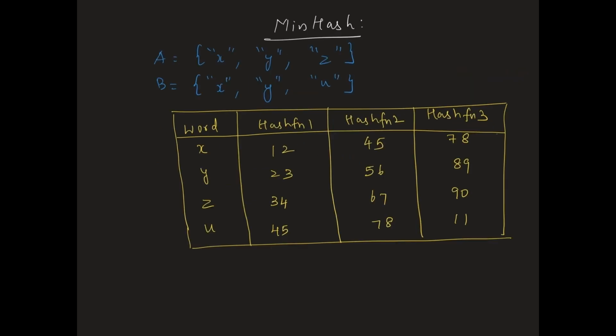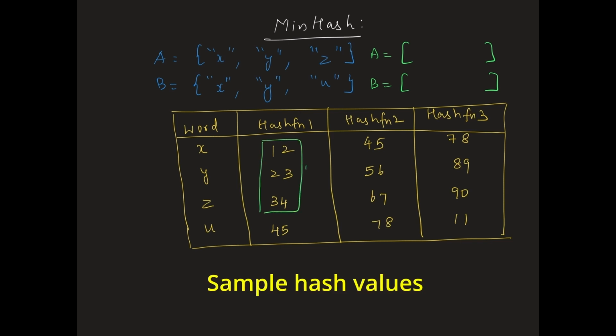Instead of computing the Jaccard similarity directly, which can be computationally expensive for large datasets, we can use minhash to approximate it. We apply multiple hash functions, say 3 for this example, to each word in A and B documents. For each hash function, we find the minimum hash value for each document.